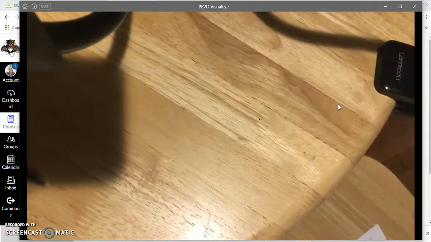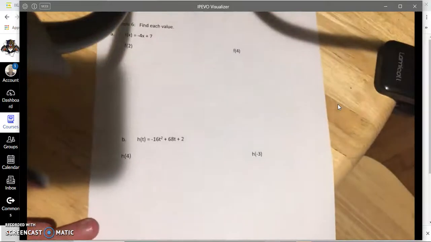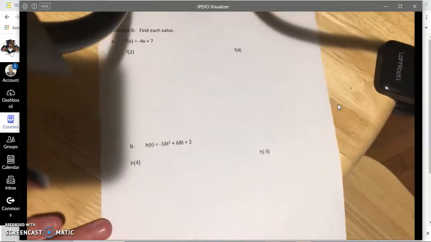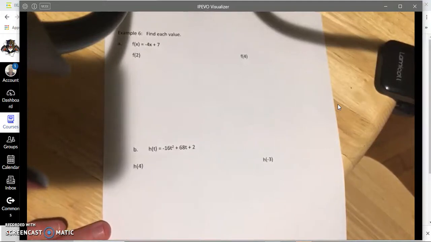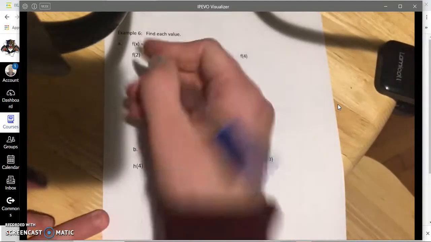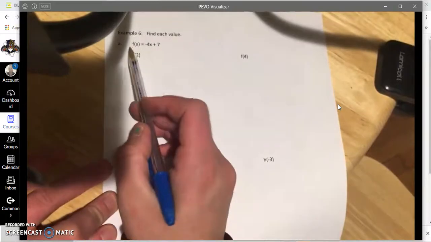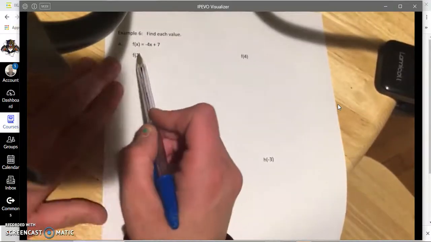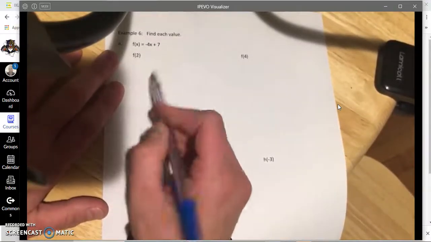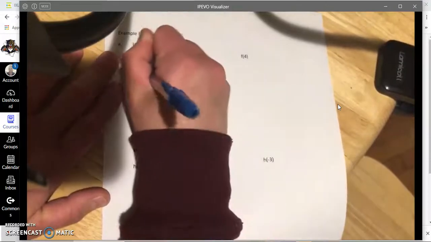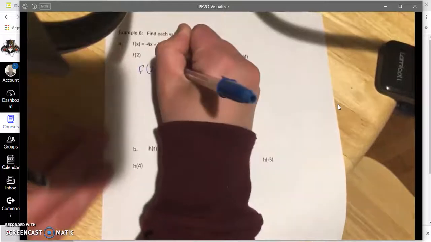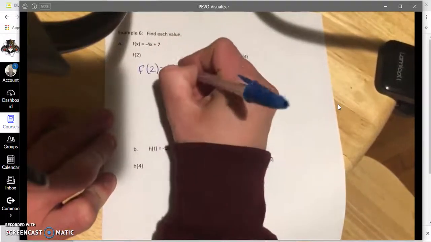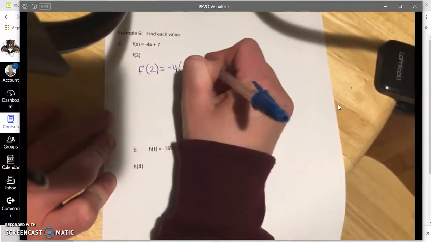All right. For the last part, this is going to be what your assignment is for today. It's going to look pretty much exactly like this, but it's going to have different numbers. So this is saying find each value, and it gives us our function. And it's saying when we plug 2 in for x. So we're going to write f of 2 equals -4 times 2 plus 7.